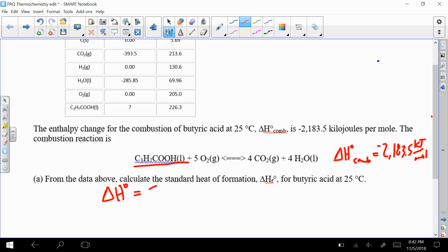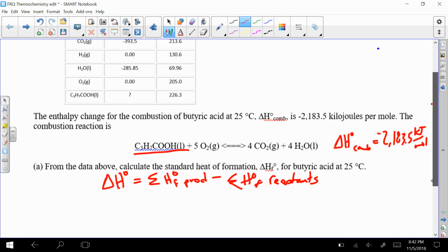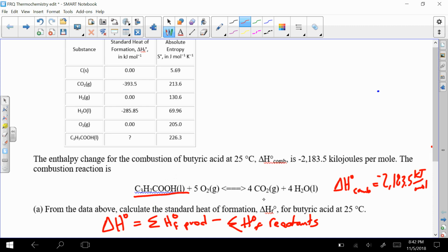is the sum of the heats of formation of the products minus the sum of the heats of formation of the reactants. And so if you add all of those up and then subtract the two from each other, you can find the enthalpy of reaction.